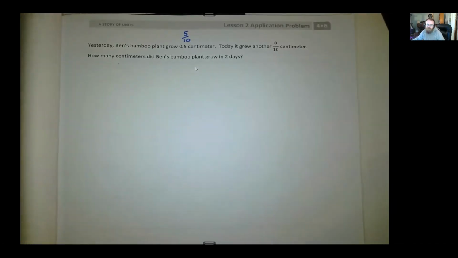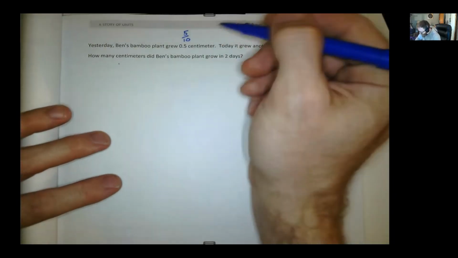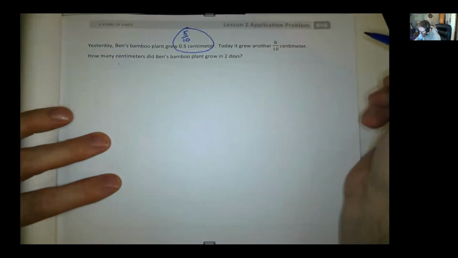Let's use our cubes strategy to highlight and underline the important information in this word problem. Let's break it apart. First, let's circle the important numbers that I see here, okay? We're working with 5/10 of a centimeter.